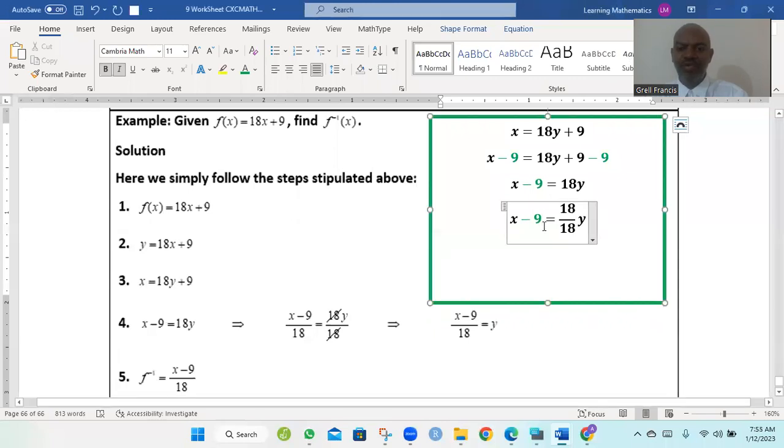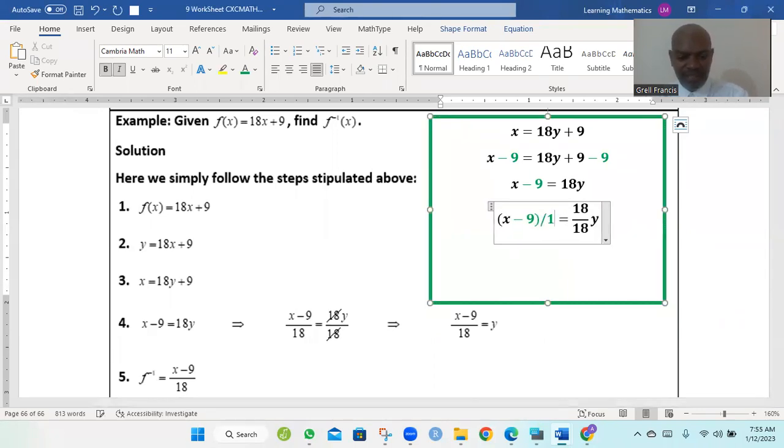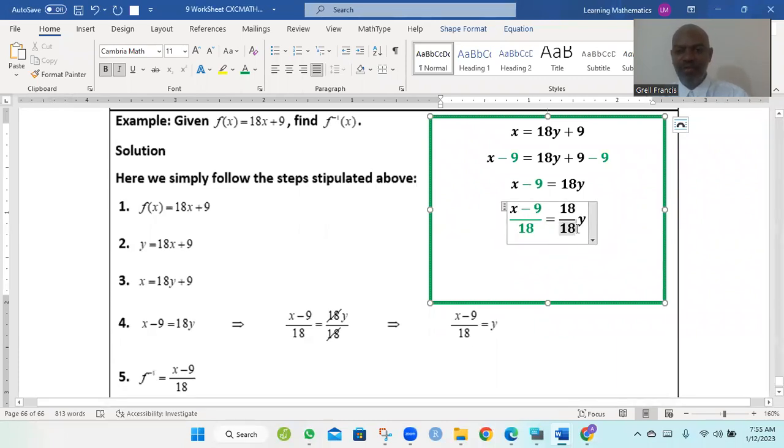Since we are going to divide both the x and the minus 9 by 18, we embrace x minus 9 in a bracket so that when we divide by 18, 18 is divided into both the x and the minus 9.